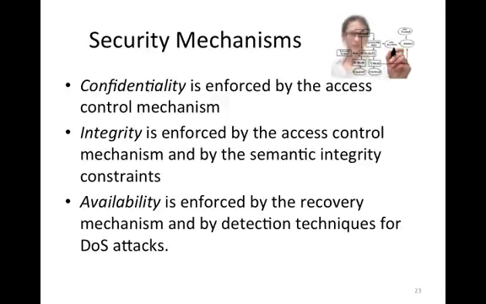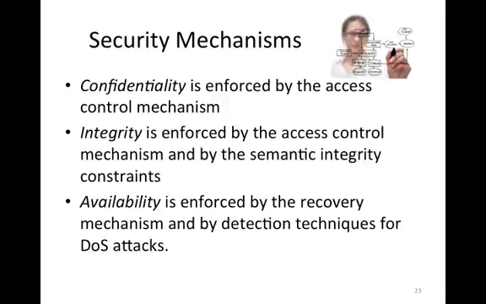Availability is enforced by recovery mechanisms, so making sure that we have backups so that if data goes down, data gets corrupted, we can go back and get that data from tapes or other copies of the data that we've had, and by detection techniques for the kind of external attacks that get perpetrated on systems, denial of service and other types of attacks.